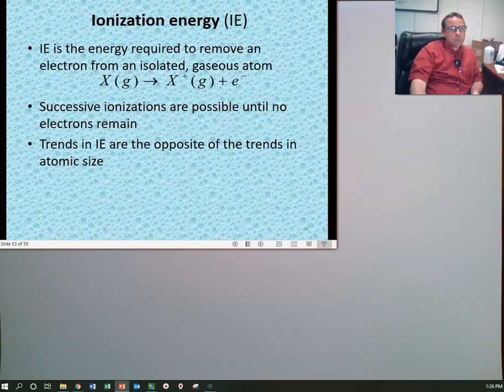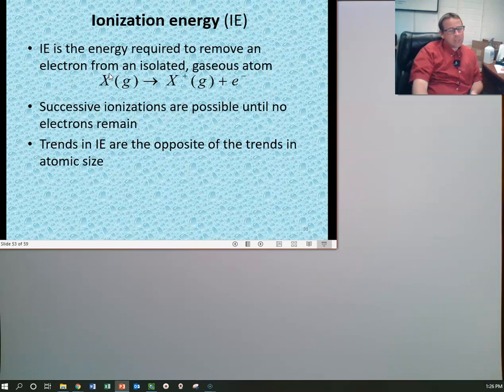Now, using that same model, a family model where you have some adult figures and some children in your atom, what do you think? Will it require energy to do this process, or will it release energy to remove an electron from its family? Let's see, whose turn is it?